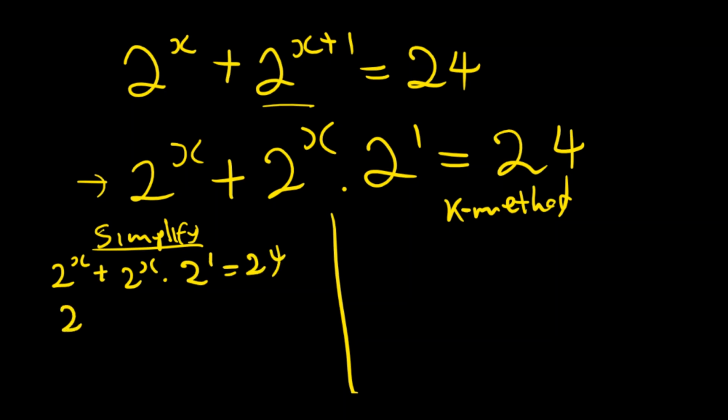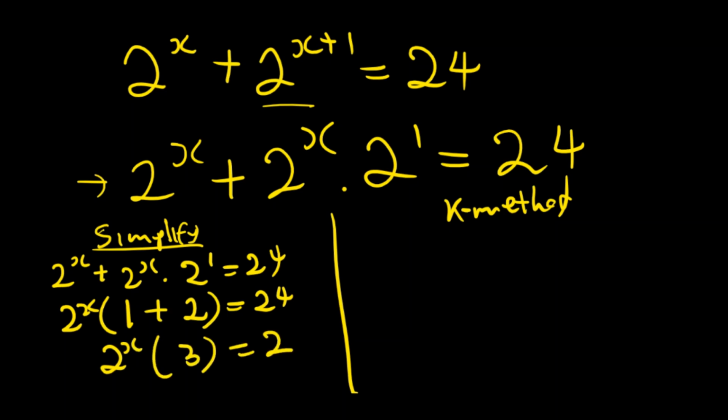I take out the 2 to the power of x, and what remains is 1 plus 2, is equal to 24. Which is actually 2 to the power of x into 3 is equal to 24. For the k method, let me leave it here for now.